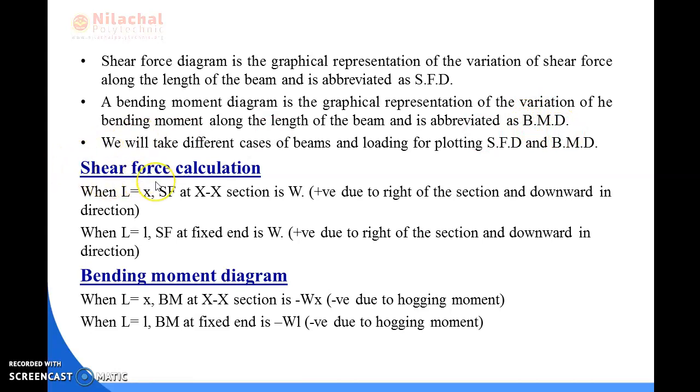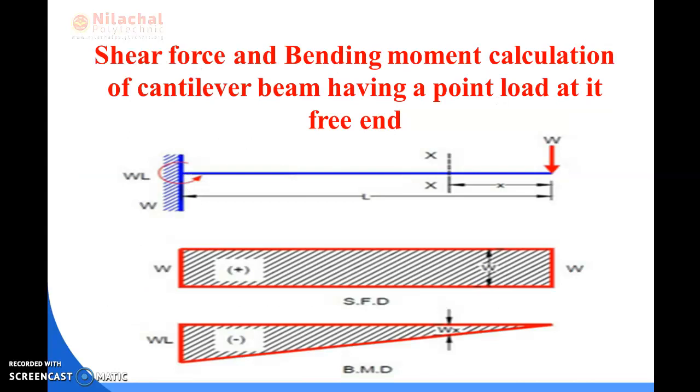First is the shear force calculation. As I told you, whenever we have to calculate the shear force, we have to draw an XX section, a cut section. According to the load, we can provide the section at the left side or the right side, as per our suitability.